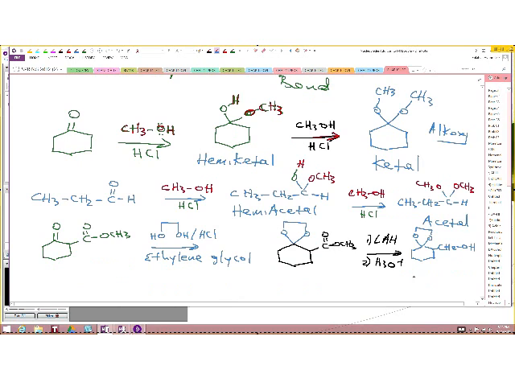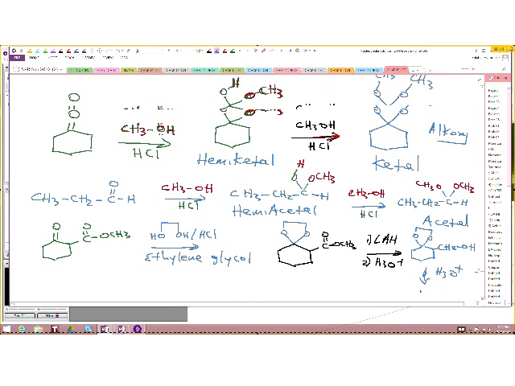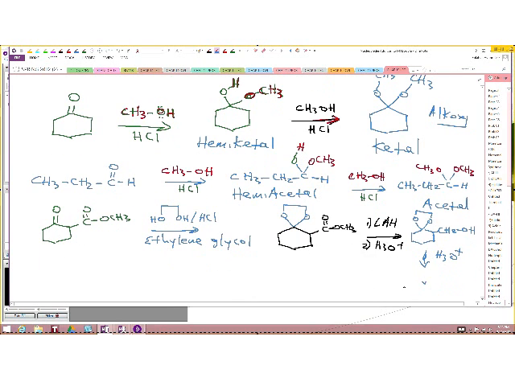So at this point, if we now add dilute acid with a little bit of heat, we will be able to regenerate the carbonyl of the ketone.